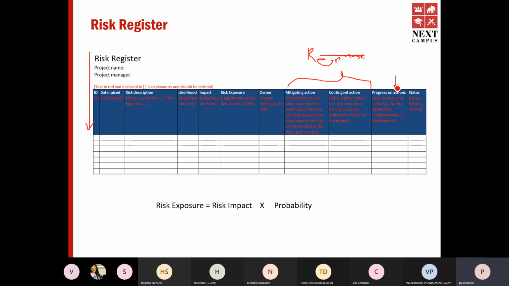Now this is very important because even in your assignment, I want you to come up with a risk register as well, right? Have any one of you read the case study yet?